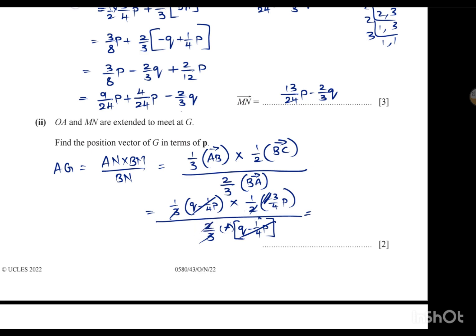No, that won't be cancelled, I'm sorry, because this is in the denominator. Only 3 gets cancelled. So it is 1 by 2 into 3 by 4 P into 1 by 2. This 2 becomes the reciprocal. So 3 by 4, 2 2s are 4, 4 2s are 8, 8 2s are 16, 3 by 16 P.